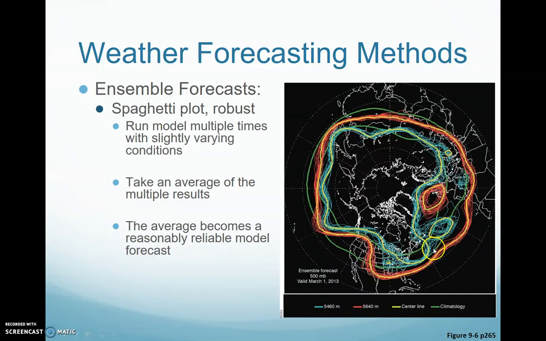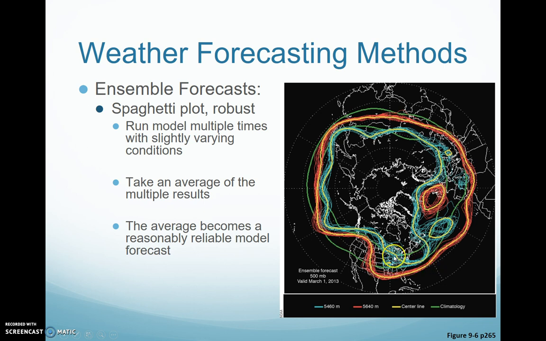Here in this figure on the right, you can see a handful of model runs. That would be these individual thin blue lines, or here the individual thin red lines. Those are the results of different models. Now, sometimes these lines are going to be close together. For example, here, notice that all of the lines are very close together. That shows that there's really good reliability between all of the model runs. So you take an average of all of those model runs, and that's a good result.